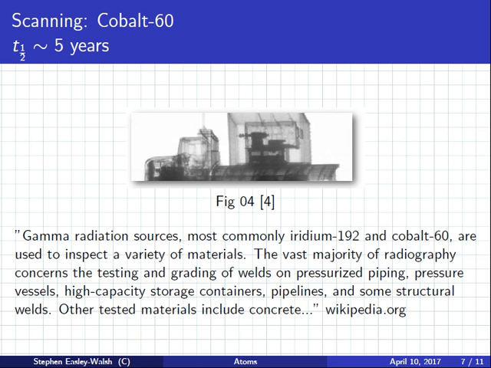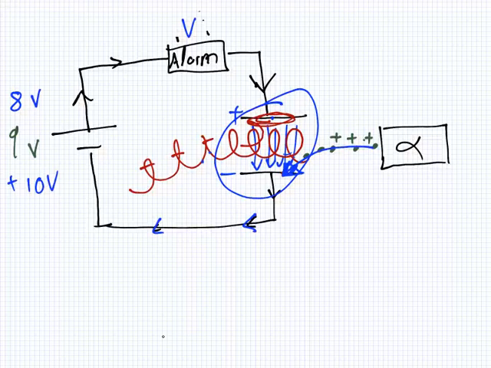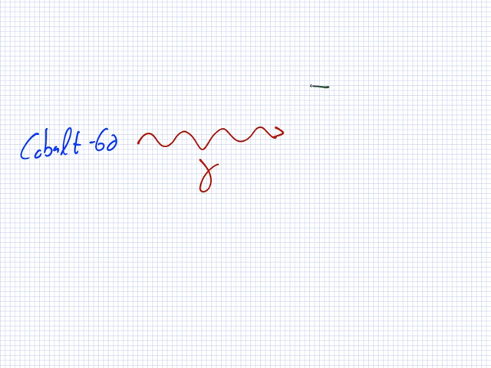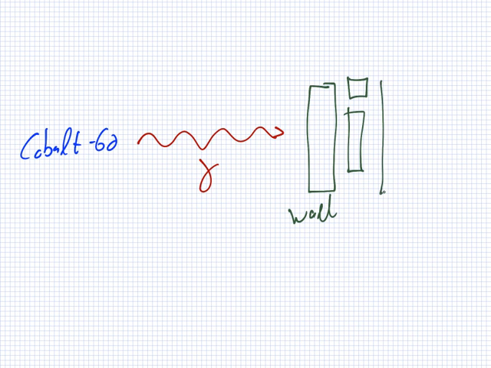So what's happening here is the gamma radiation, if you want to think about it like this, you have your cobalt-60, and the radiation that cobalt-60 releases is gamma radiation. And then you have something like maybe a wall, and then maybe there's another wall here, and another wall here.